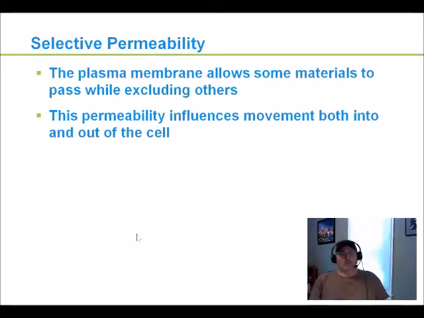Now, the plasma membrane, that is the phospholipid bilayer that makes up our cells, is selectively permeable. That is, it can pick and choose what comes in and out. Sometimes it does this just by opening the appropriate door. Sometimes it actually actively pulls stuff in.